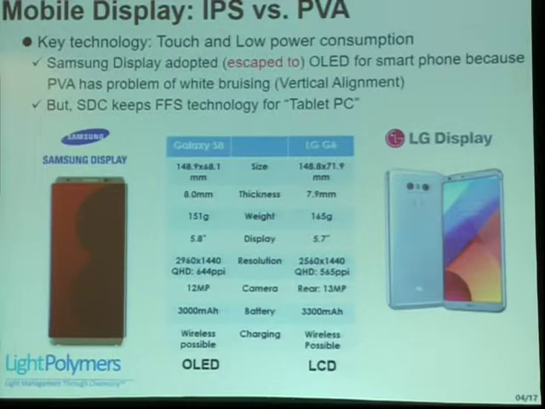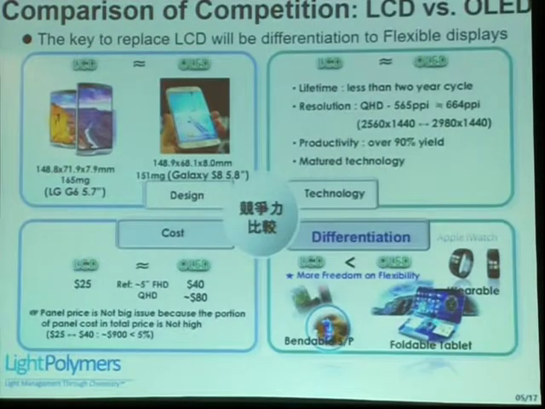By the way, you can compare the characteristics of the optics in the two cases, the Galaxy S8 and LG G6. Not much difference. The size, thickness, weight, and spatial resolution are not much different. So which one? Okay, this is a comparison of the competition.